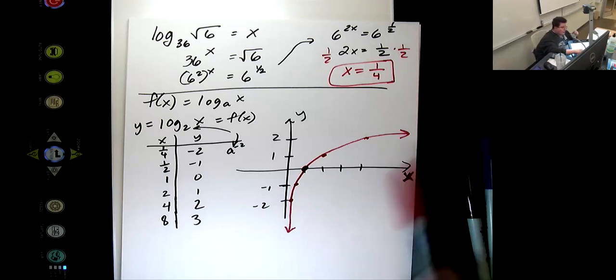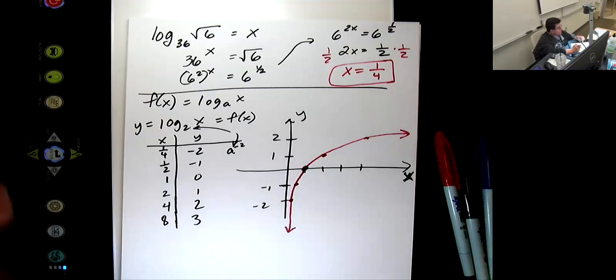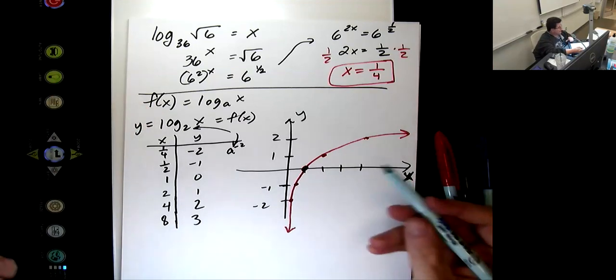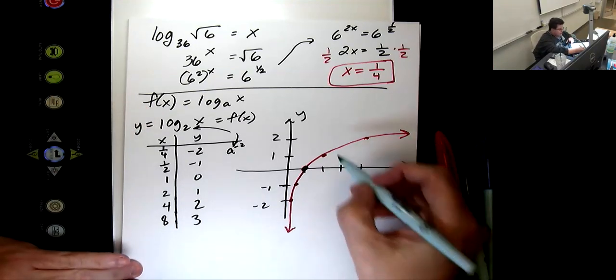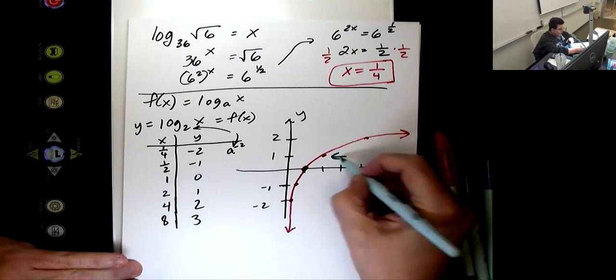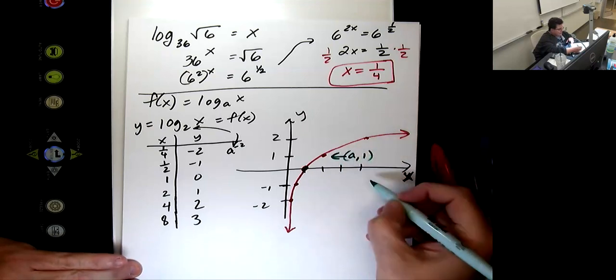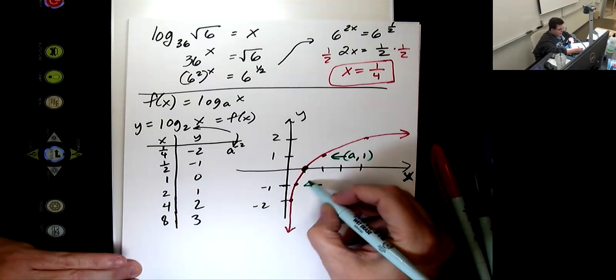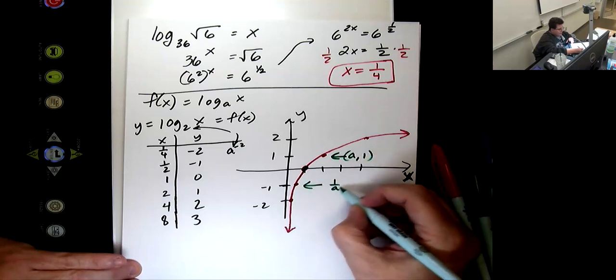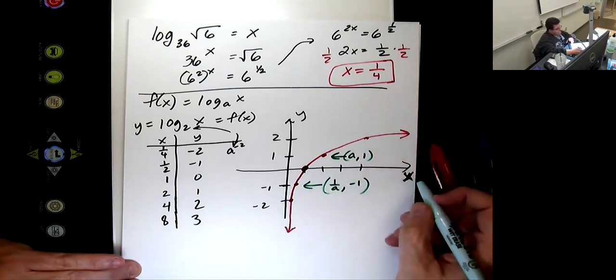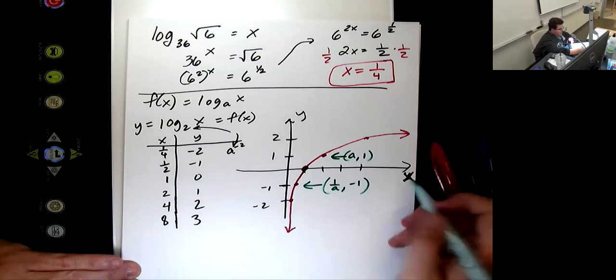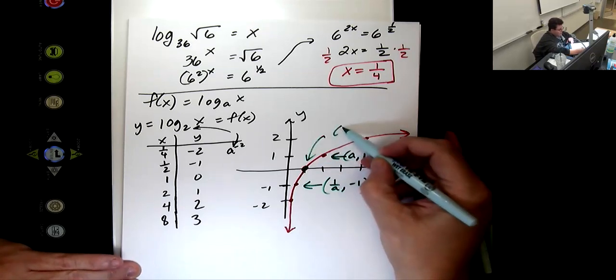An easier way to remember this, because I just used base 2, but for base a: this point here is a comma 1, and this point here is 1 over a comma -1. And that point is always 1, 0.